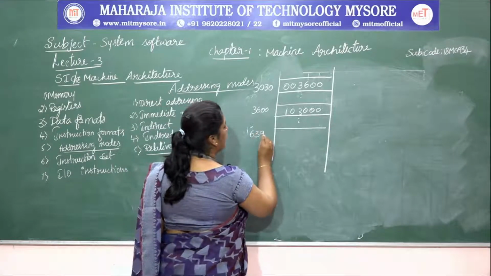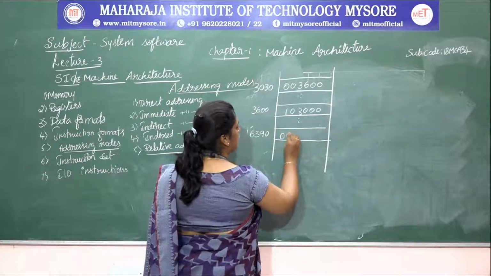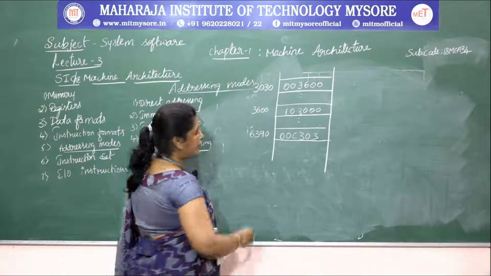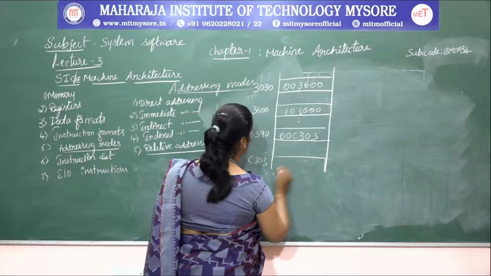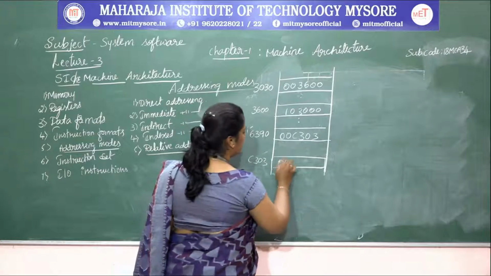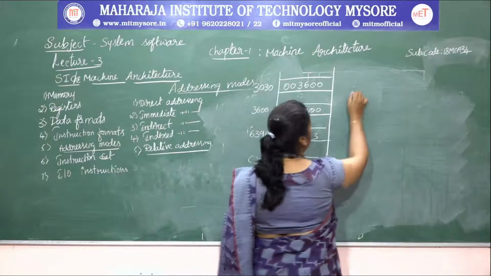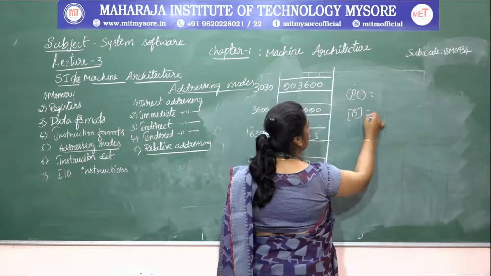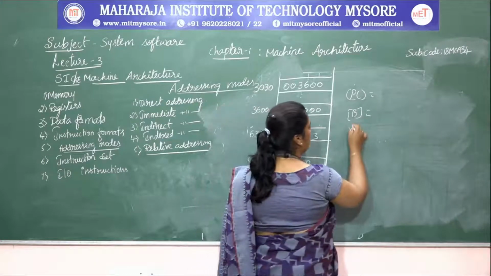Next, at memory location 6390, some value is there, 00C303. And at memory location C303, some value is there, 003030. So let us assume the program counter value, the base register value, and the index register value.